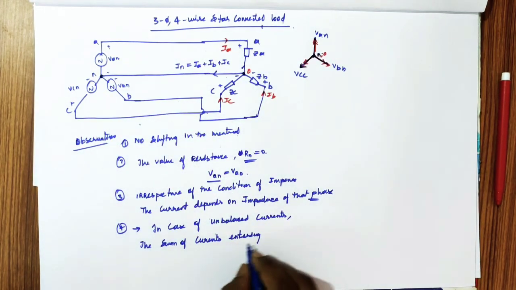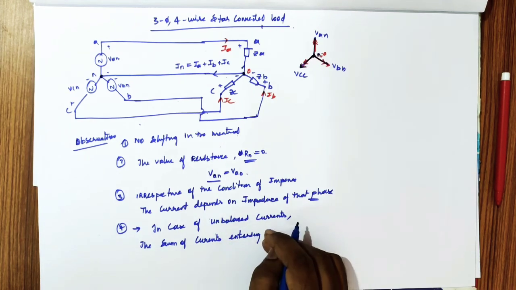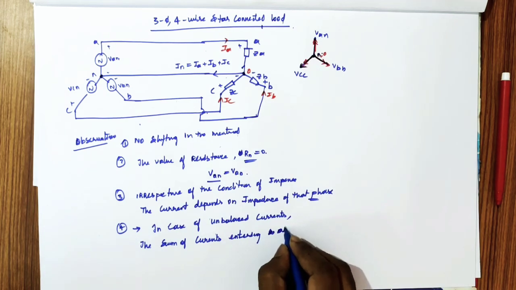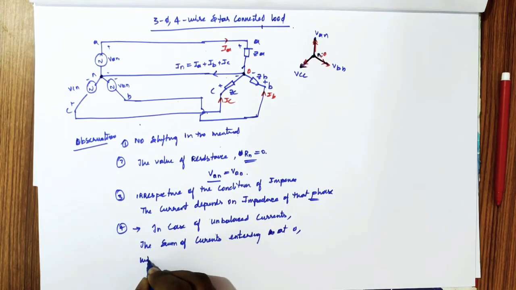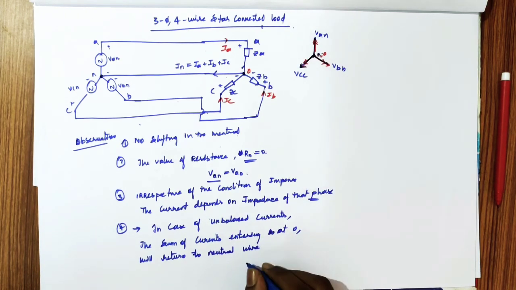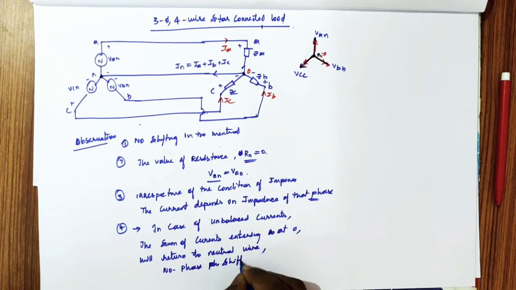The sum of the currents entering at O will return to the neutral wire, where there is no phase shift.